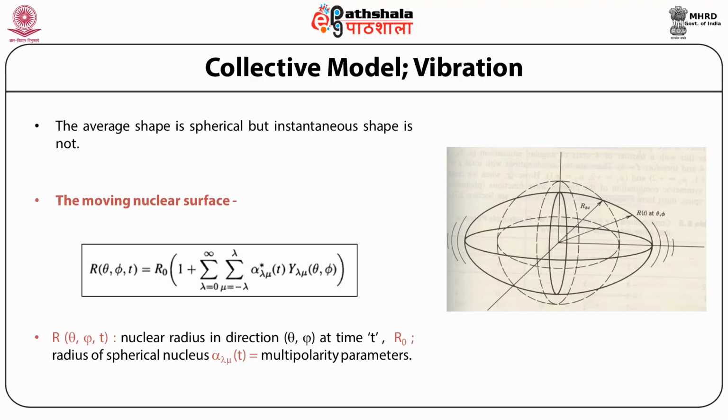So what this means is that the nuclear surface is not just spherical; the radius of the nucleus is not just R0, but also includes a small other component, which is the vibration part.